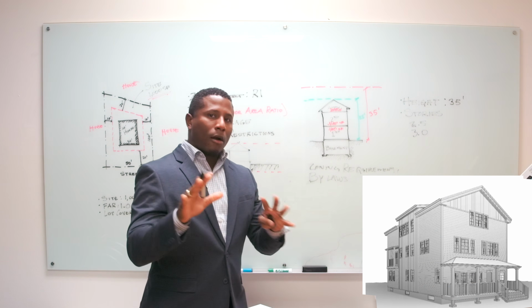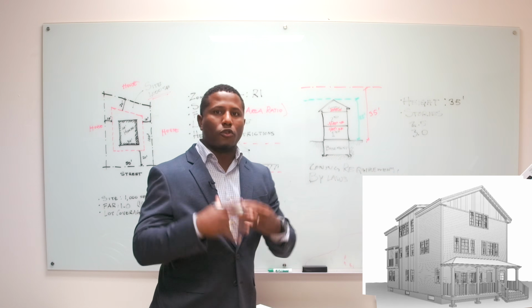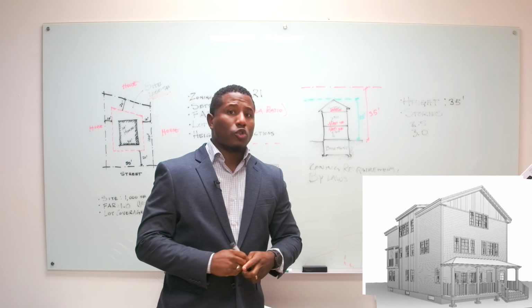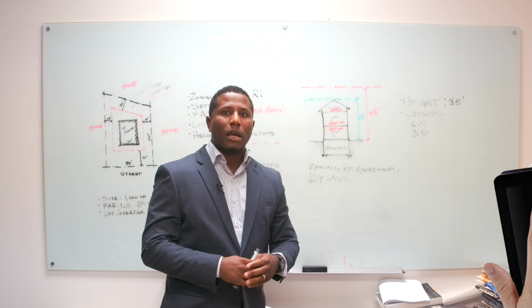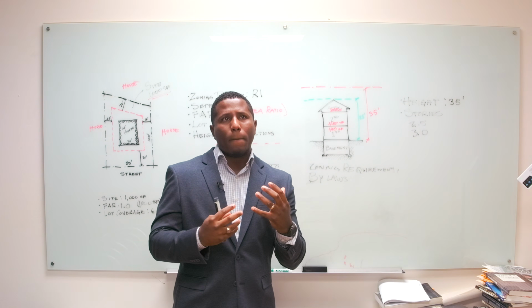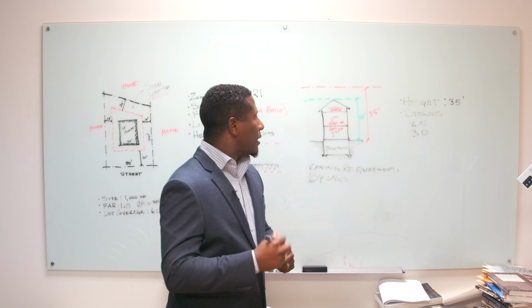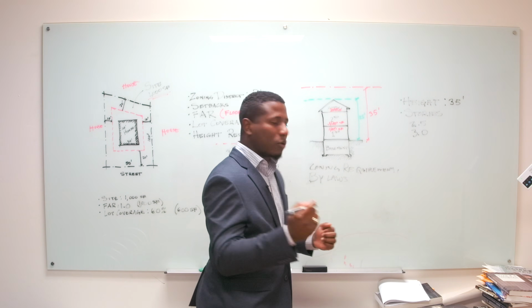So now let's go deep into what that means in terms of you as a developer, or somebody who buys this house and is trying to understand, okay, how can I increase the height of my house? Let's say you have a 1-level house, for example.